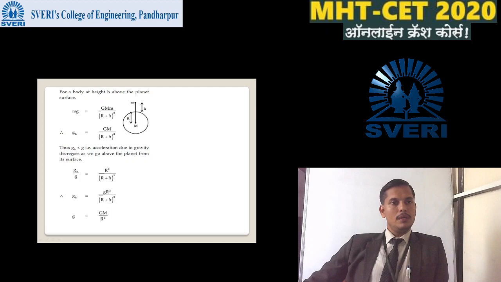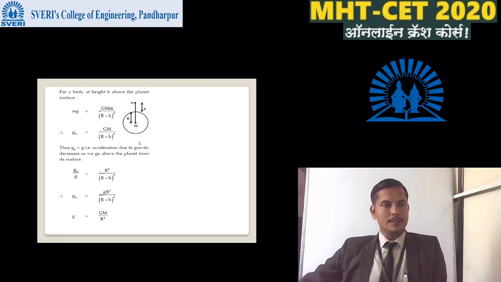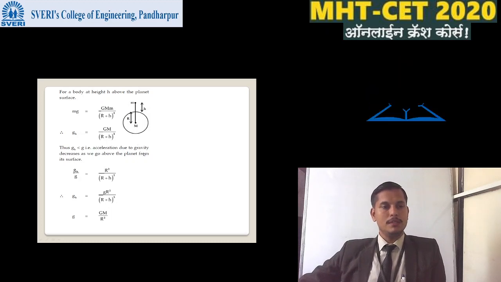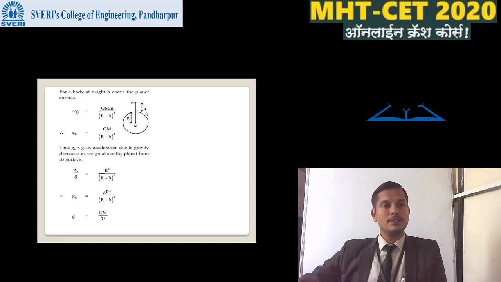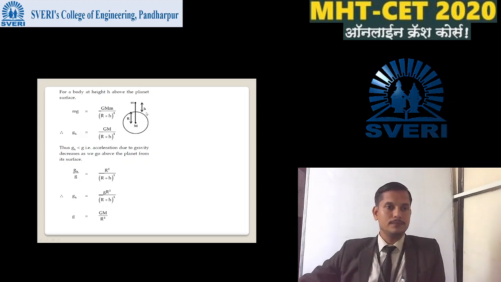So for a body at height h above the planet surface, it is given as mg is equal to GMm divided by, in bracket, capital R plus h, whole squared. If you see the figure carefully, it shows the same thing: capital M and small m are the masses, R is the radius and h is the height above the planet's surface.